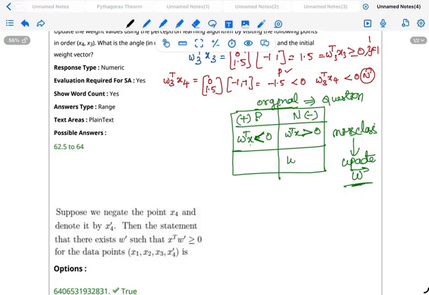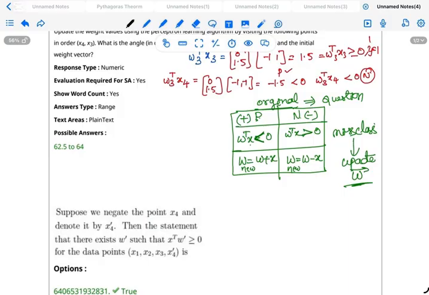So new W equals W minus X for negative, and new W equals W plus X for positive. For x1, W plus x1 or W minus x1.